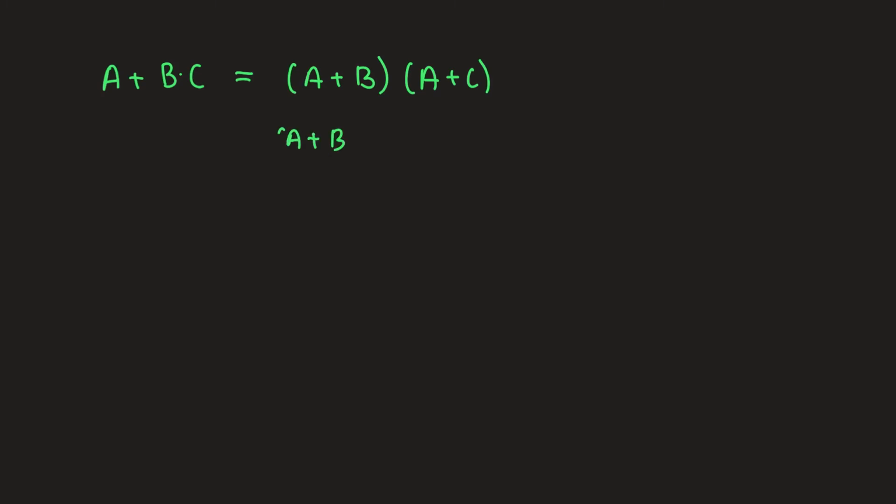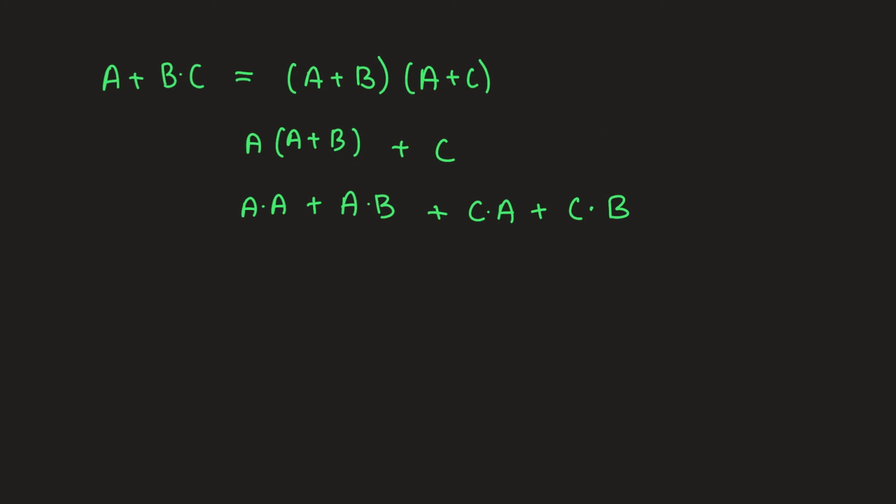I'm not going to skip any steps, but in the exam you could probably skip some simple steps like these, right? That won't be an issue, I guess. We have a plus b over here and a plus c over here. So a dot a plus a dot b plus c dot a plus c dot b.